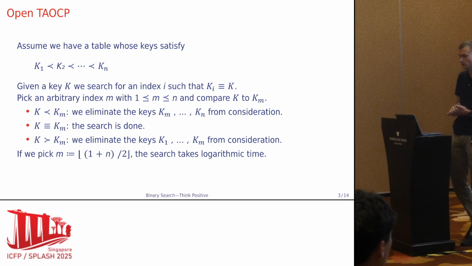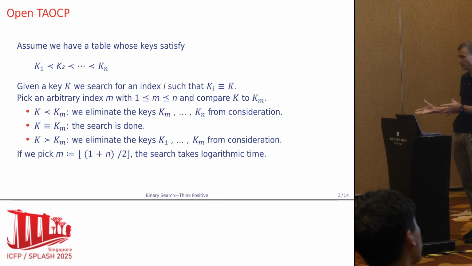In this case, we are done. Or k could be greater than km, the dual case of the first one, in which case we eliminate the keys k1 to km from consideration. And now to the binary part of binary search: if we pick m to be the midpoint, then we get logarithmic running time. So that's one definition.